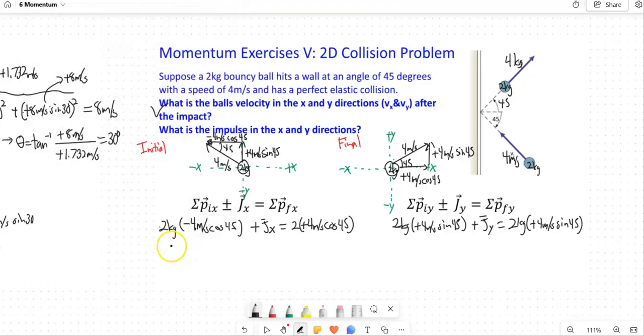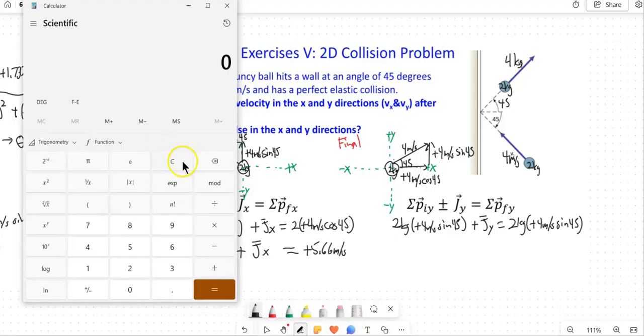So this is going to be equal to negative 5.66 meters per second in the x direction, and this is going to be a positive 5.66 meters per second in the x direction. So that's what we're going to be computing for the x direction. In the y direction, I know sine and cosine of 45 degrees are both 0.707, but I'm just putting in the calculator, so don't judge me. I could hear you judging me.